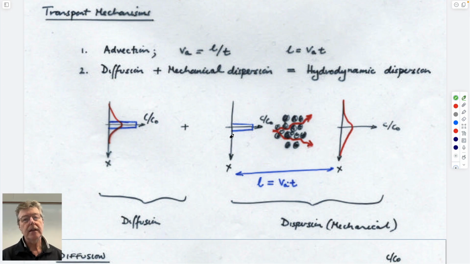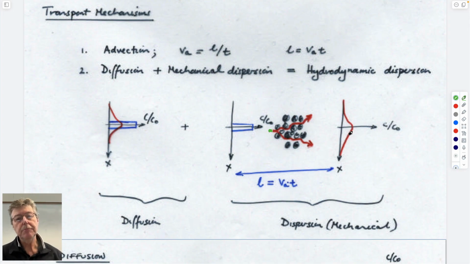But if you look at behavior upstream and then downstream in a porous medium, putting a drop of ink in and looking at its concentration across it, it'll look like this. As you go downstream, it'll be flattened out, just as if you allowed it to diffuse in a beaker. The peak would reduce in concentration and the edges would expand in radius.